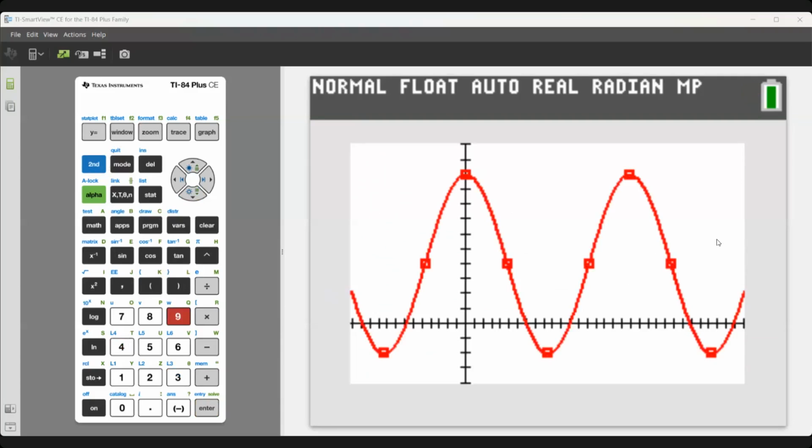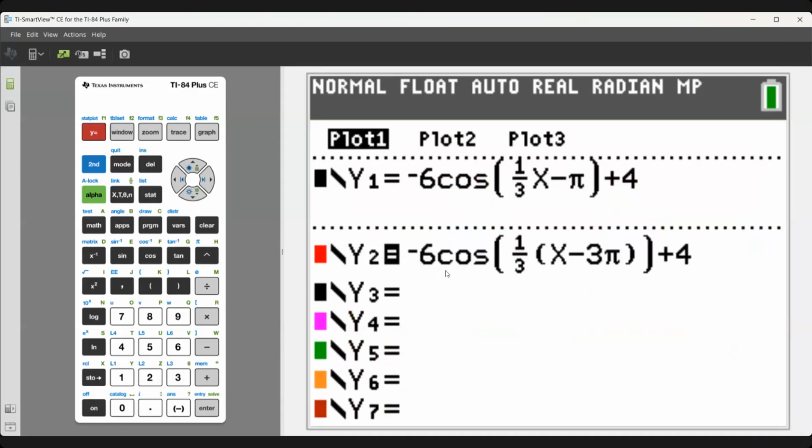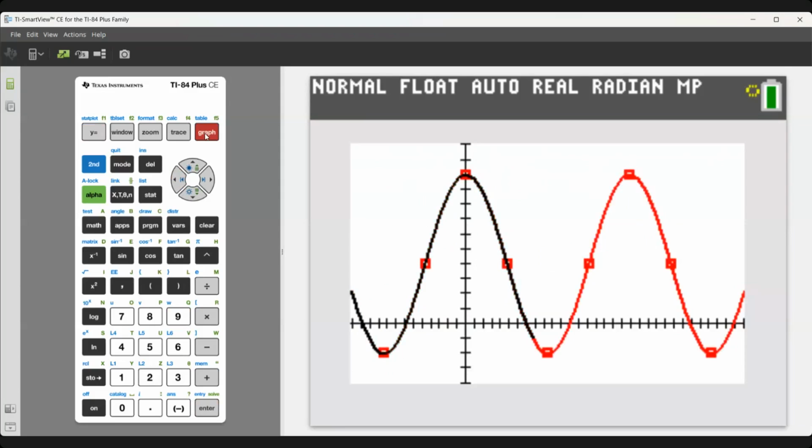And if we take a look at y equals, I think that was the original equation that we had. It was the one with the factored out 1/3 B value. Yep. Both of them should be exactly the same. These are equivalent expressions. So if we turn it on, I think we'll see that the black one goes right over top.